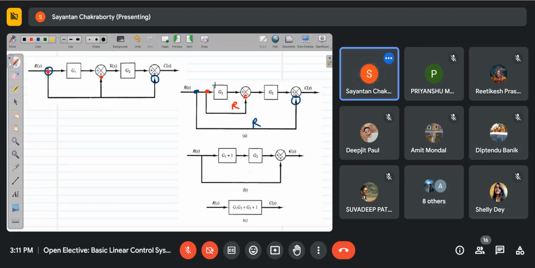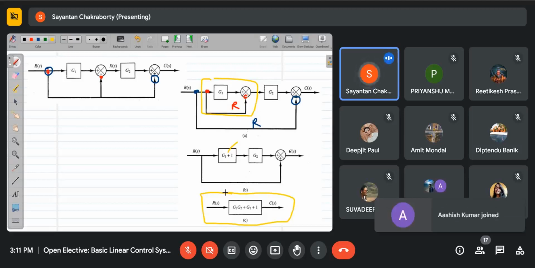So from that, very trivial, I can write from this block the value 1 plus g1, and this is g2, and finally the sum is there. So 1 plus g2 g1, just multiplying these things. So this is a very interesting thing.